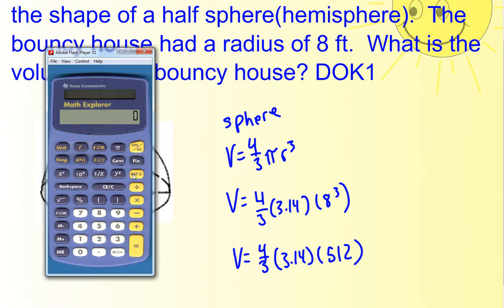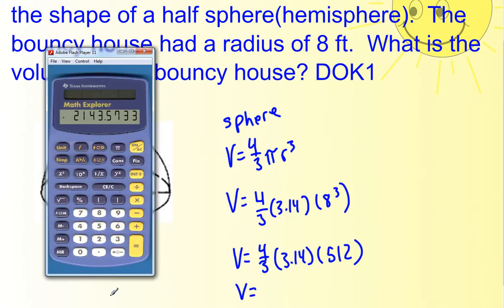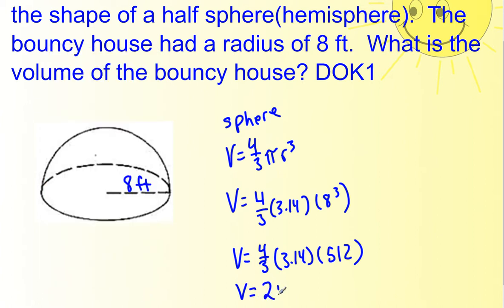They're there for a reason. Now, 4 divided by 3 times 3.14 times 512 gives us 2,143.57.